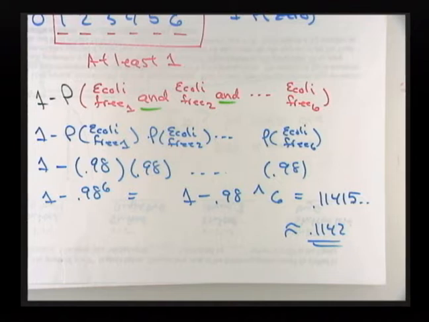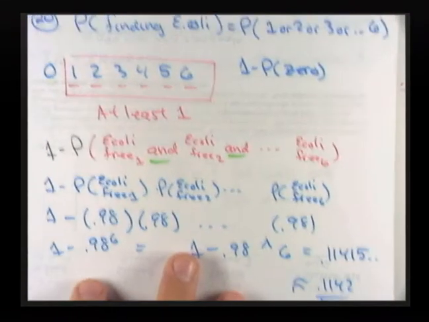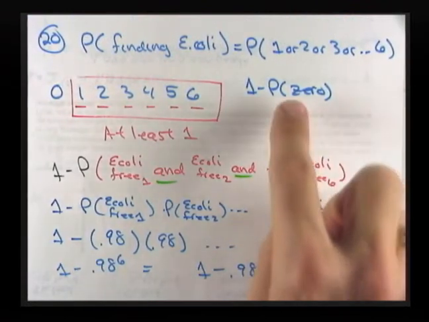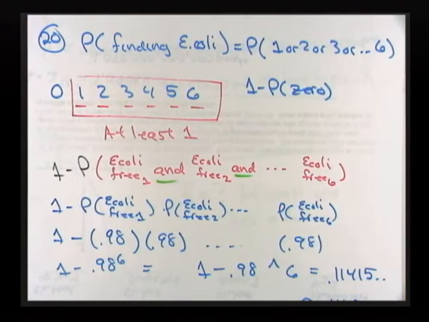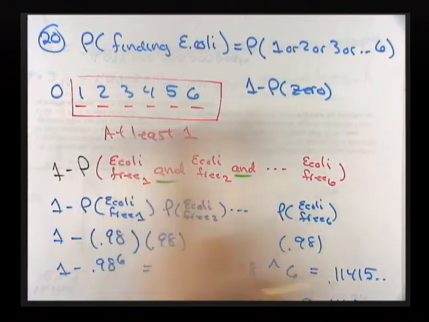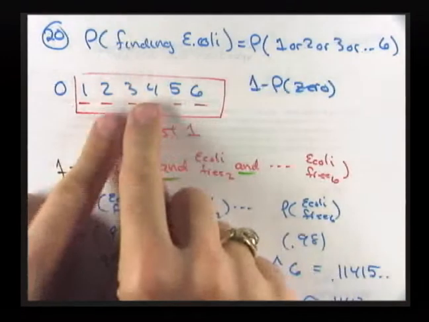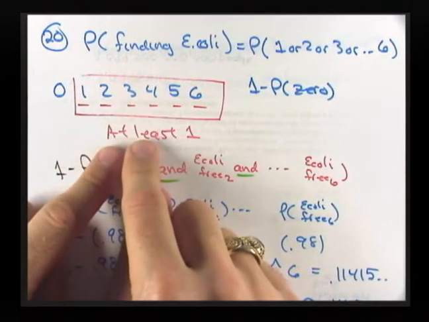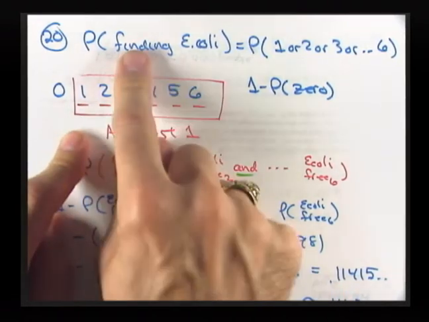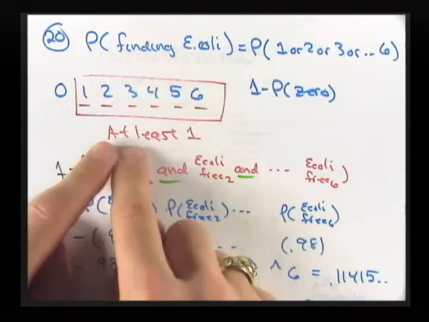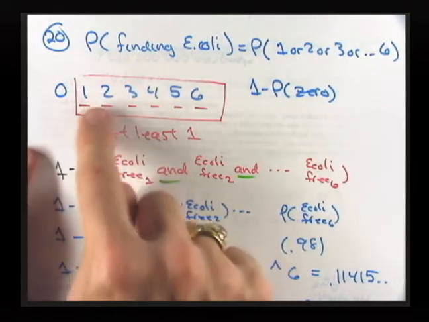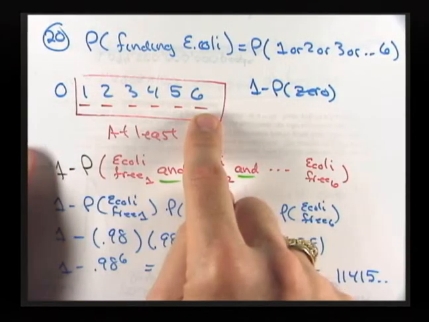Yes? On the top, you said that the complementary is 1 minus probability of 0. Good. So why are we doing, on the bottom, using the words at least 1? We didn't do that probably. I mean, I just described this event, or actually Steve described it, as saying that the probability of finding E. coli is this: the probability that at least one of the pools had E. coli.